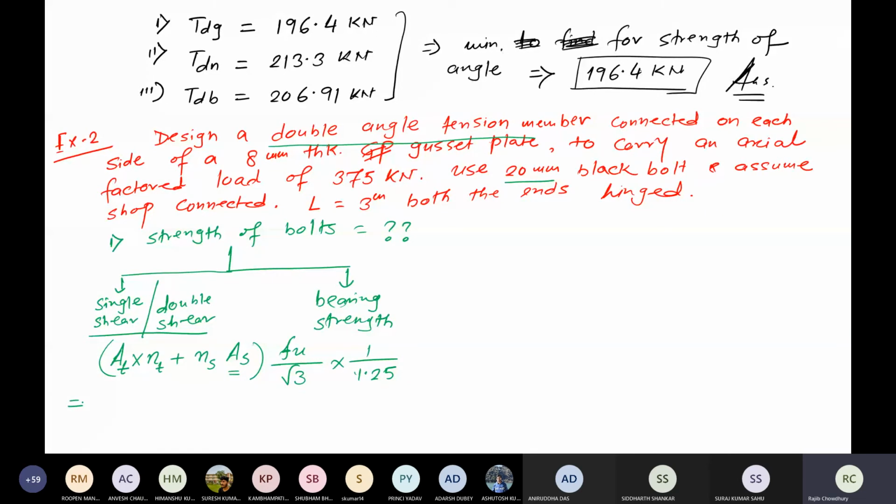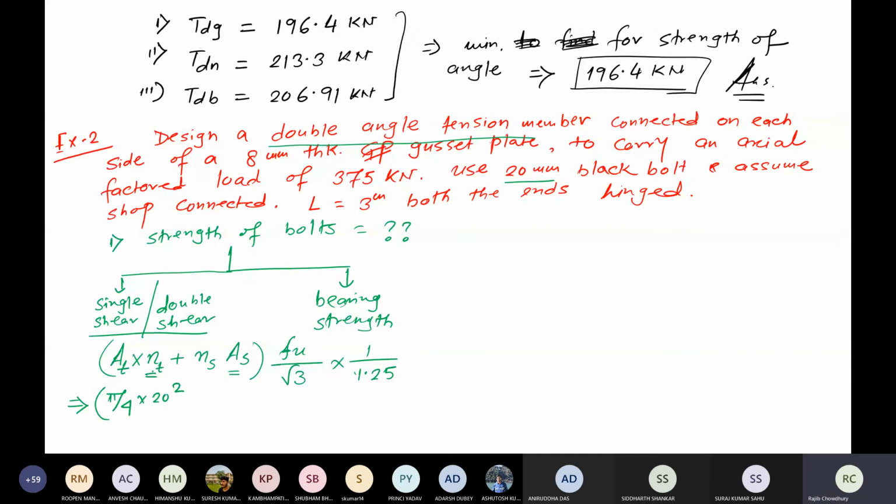Now in the previous classes, I said that you can easily consider both as the threaded area or the shank area. But here I have done it a bit differently: pi by 4 times 20 squared, the area of the bolt, diameter of the bolt 20.